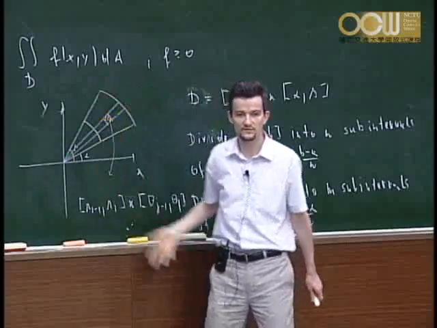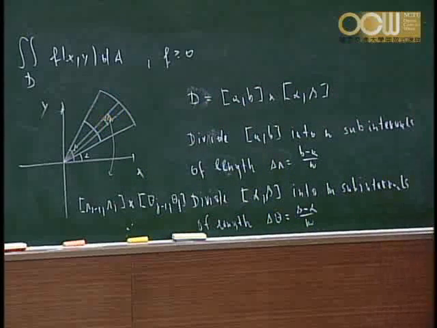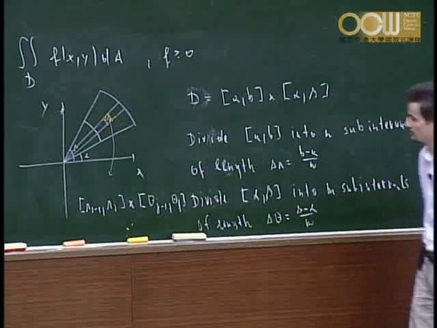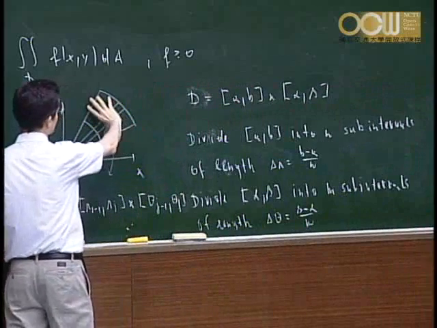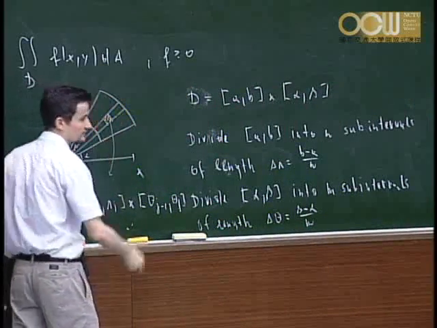And now you add over all pieces. Okay, so it's always the same idea. You want to integrate over the region D, which is given by this polar rectangle here. You divide it into smaller subrectangles.